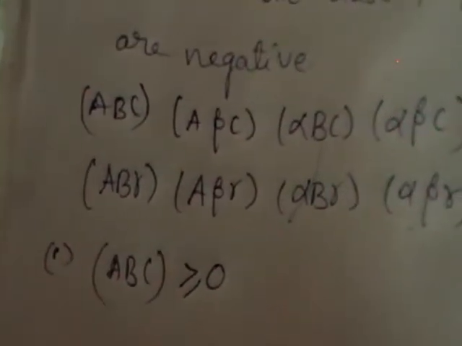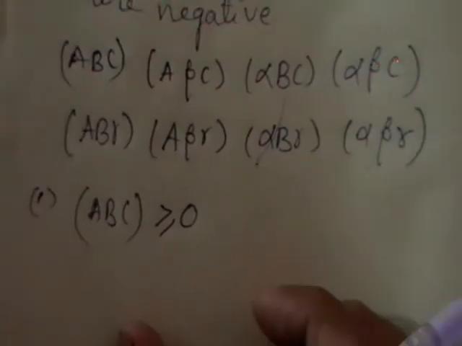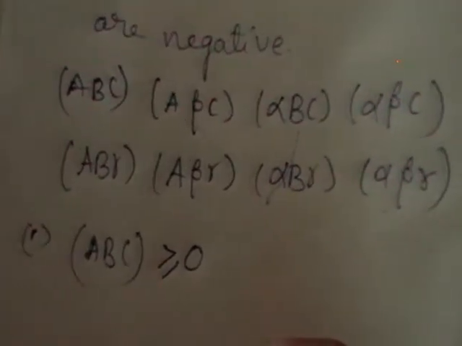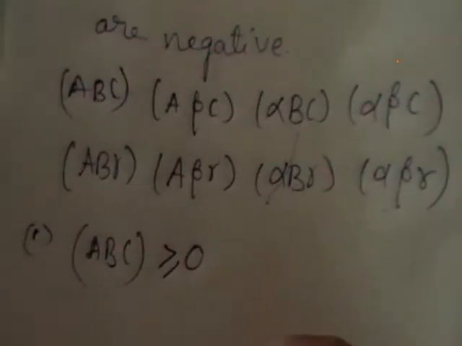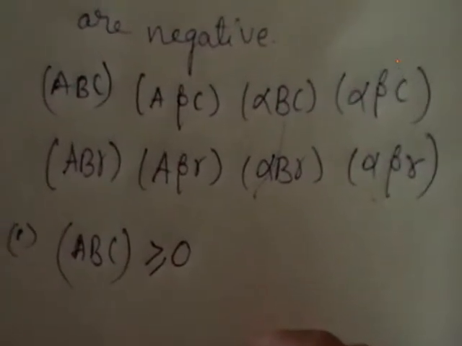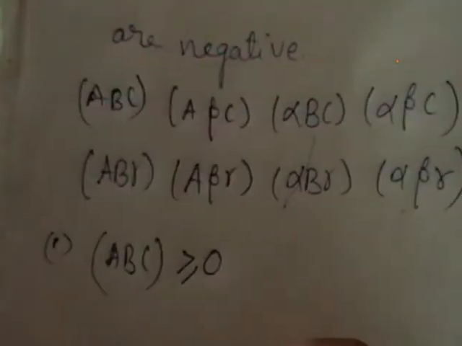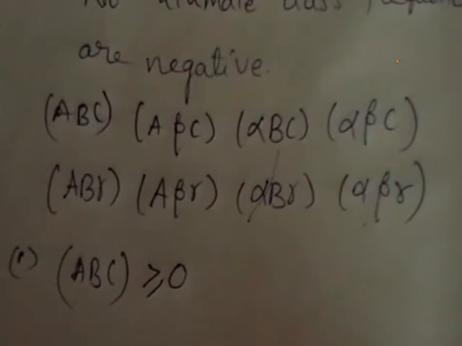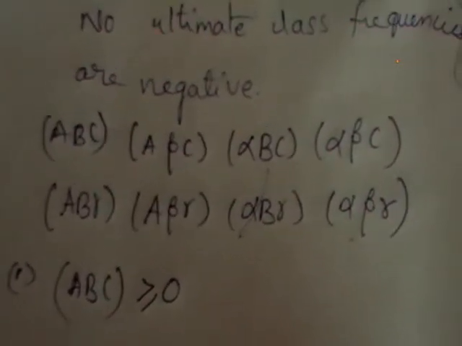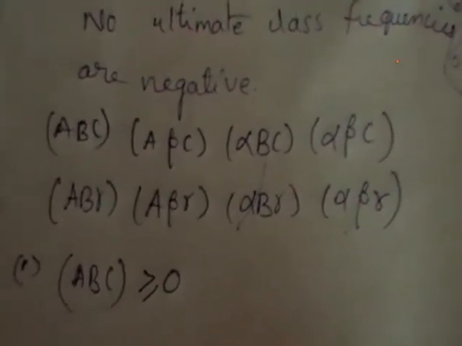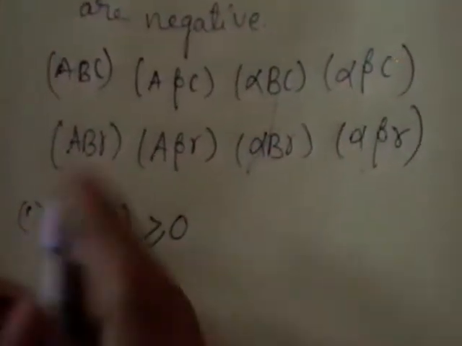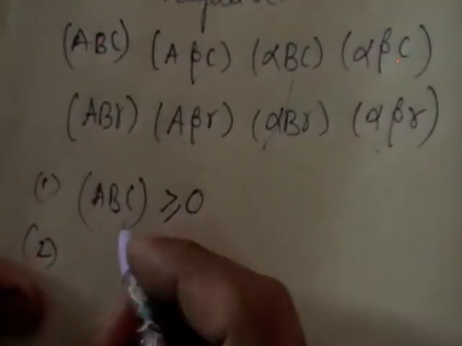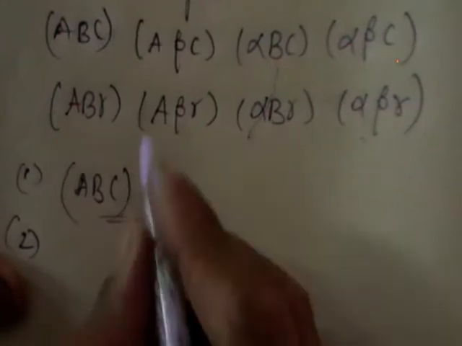A positive class frequency is nothing but a class frequency formed by the combination of only English capital letters. So A, B, C, all the three are English capital letters. So it's a positive class and it is greater than 0. So let us consider this. Means no need to derive any condition, it itself indicates the condition.